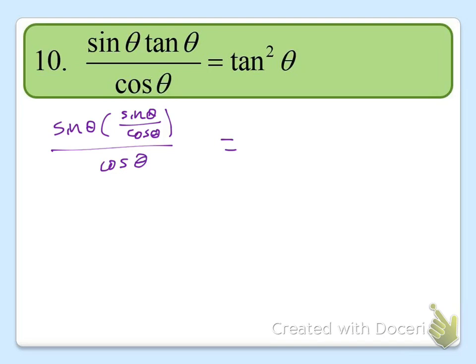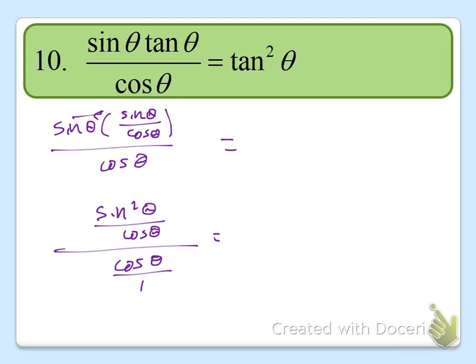We do that, we can multiply this sine into that fraction and get sine squared theta over cosine theta all over cosine theta. I'm trying to get this to look like tangent squared. We're kind of almost there. We got sine squared in the numerator. Now we can introduce the idea of taking this denominator, making it a fraction.